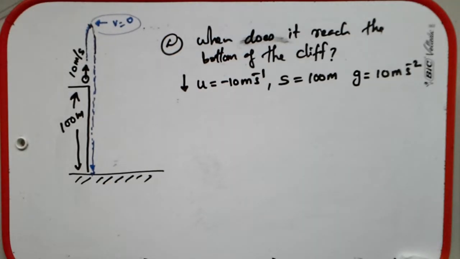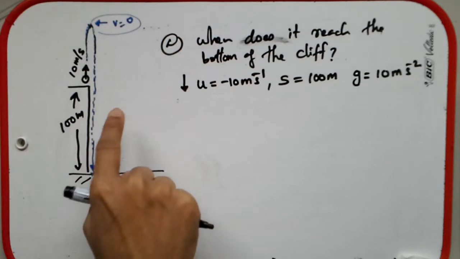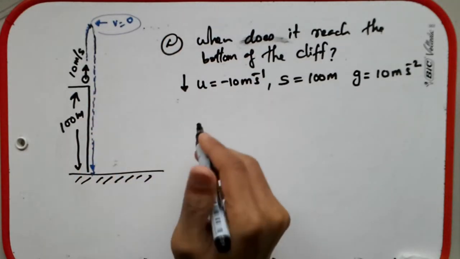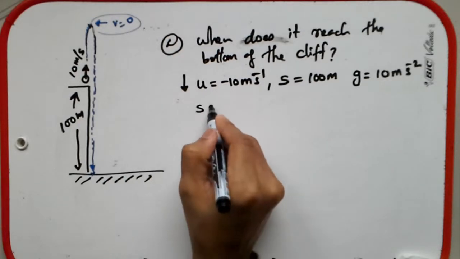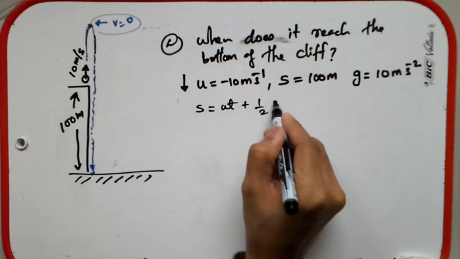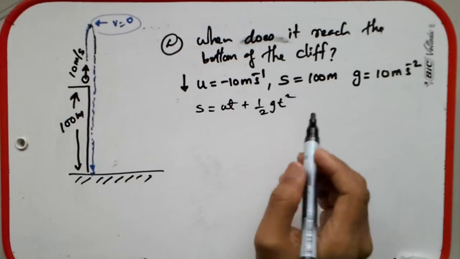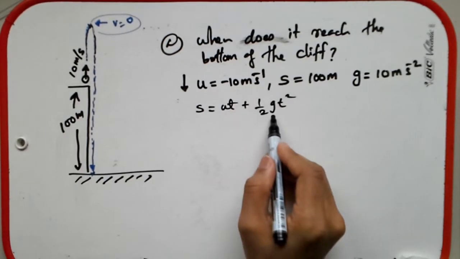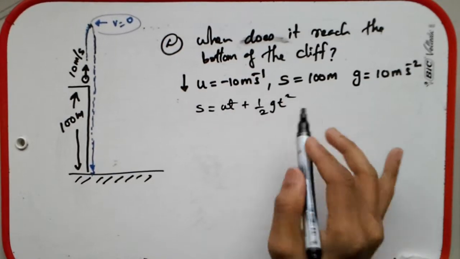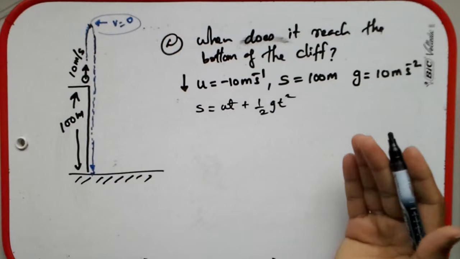So how do I find the total time to reach the ground? I can use S equal to ut plus half g t square. I'll use g, because this is under gravity, so I write down g if the motion is under gravity.